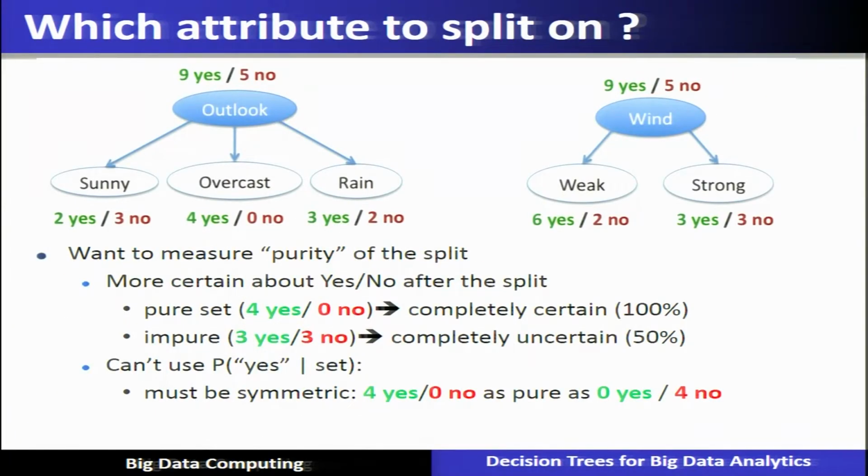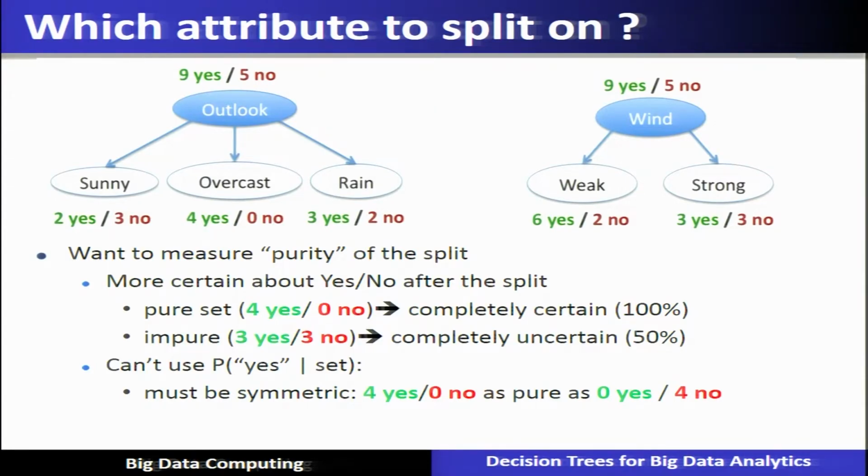Now, the question is which attribute to split on. We have seen that there are 3 different attributes in that data set. So, which one are we going to use to split on? That is the split decision. Which attribute to split on is a decision which we are going to see how the decision tree takes in this case.